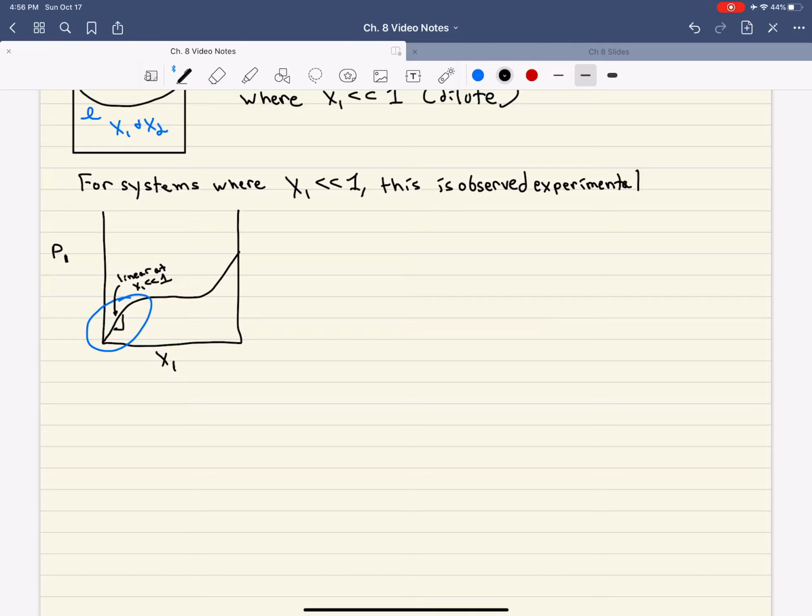Okay? Or another way we could say this, at least in words, is that the dissolved concentration of species 1 in the liquid is proportional to the partial pressure of species 1 in vapor.